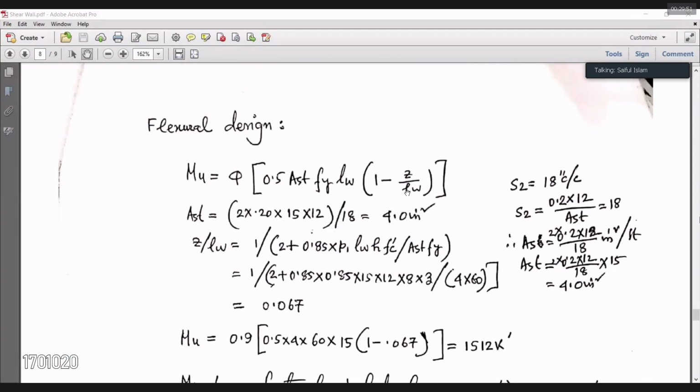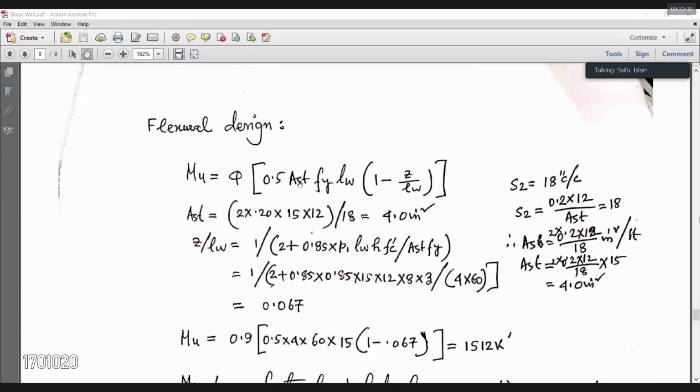and we have already learned this formula, MU equals this. Here FY we know, LW you know, Z by LW, we also know an expression for this. Now what is AST? AST is the total steel in the vertical direction.